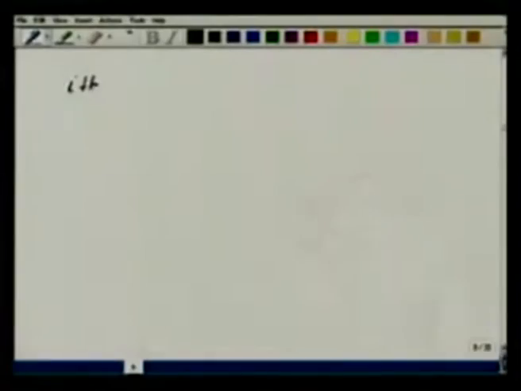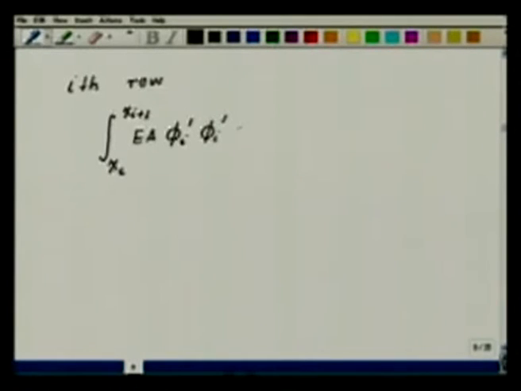So, for the ith row, the element contributions will be the integral from, since we are talking of the ith element, x I to x I plus 1 of EA phi I prime phi I prime dx.